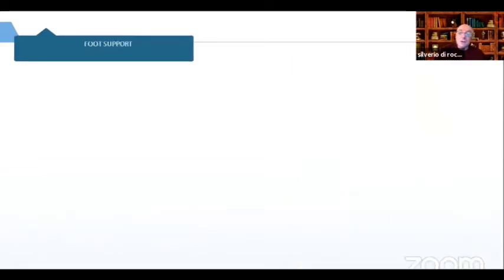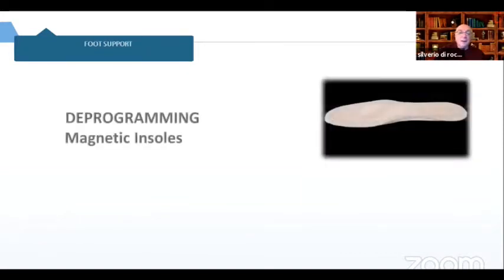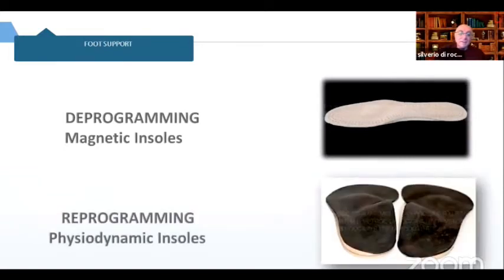We use something for the foot support: some magnetic insoles for deprogramming and some physiodynamic insoles for reprogramming the foot support. These tools allow us to annul the aggression, to have a good rehabilitation, and after that, if it's necessary, to reprogram the sensors.